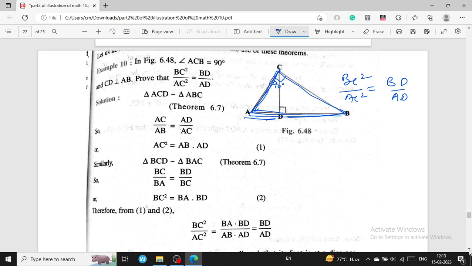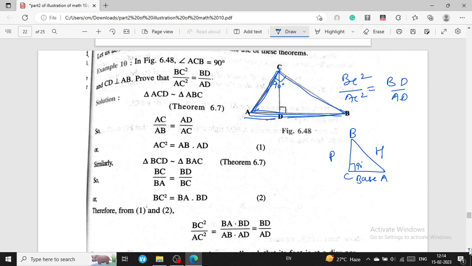How? When we rotate it, you can see B, C, A, this is 90 degrees. This is a base, perpendicular, hypotenuse.